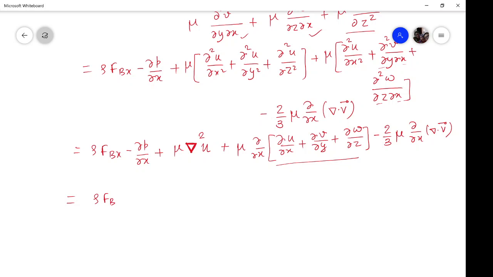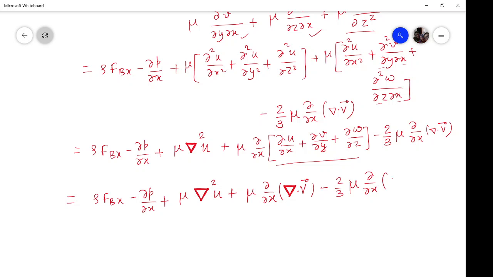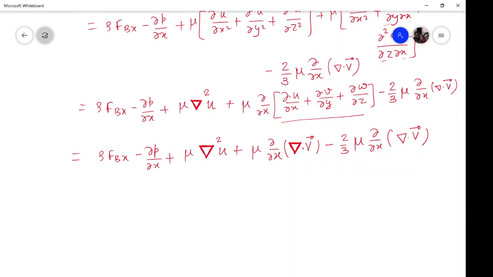Okay, so this is nothing but the divergence of velocity. So it is ρ f_bx minus ∂p/∂x plus μ ∇²u plus μ times ∂/∂x of the divergence of velocity vector minus 2/3 μ ∂/∂x of the divergence of velocity vector. Okay, so this is 1 minus 2/3, that is 1/3.